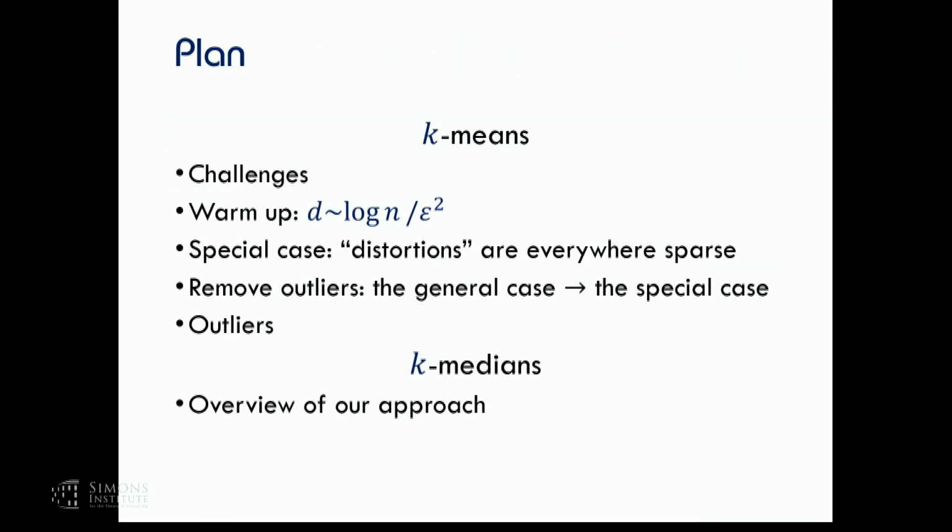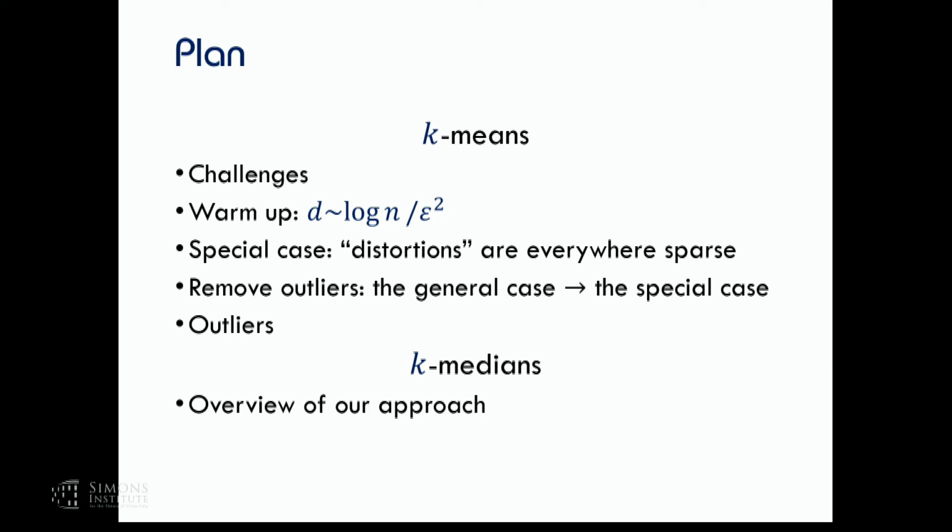Okay. So this is an overview of my talk. We will focus mostly on k-means today. And first, we will discuss some of the challenges with the proof. Then as a warm-up, we will see that when the dimension is logarithmic in n, the cost of all of the clusterings is approximately preserved under dimension reduction.